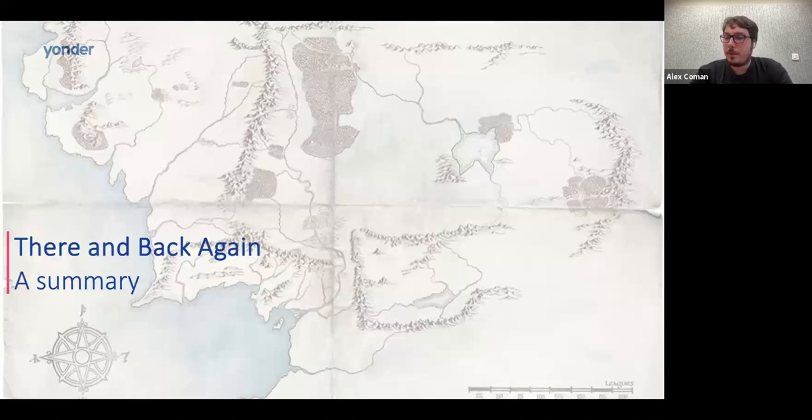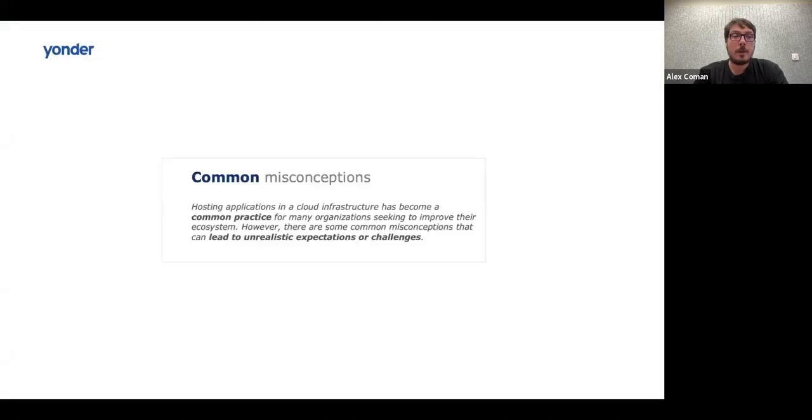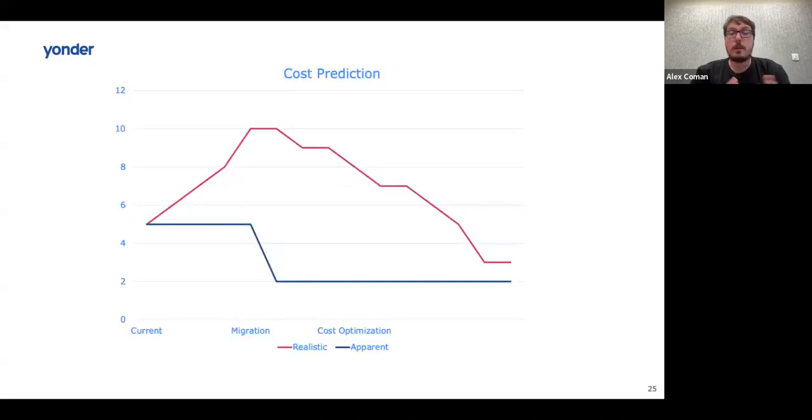Because we have just a few minutes left, I will try to summarize some of the thoughts that I presented until now. And maybe I will start with some common misconceptions regarding cloud infrastructure. In terms of costs, many organizations expect a cost decrease when they start to migrate to the cloud, or to migrate to another vendor, or to change the shape of the infrastructure.